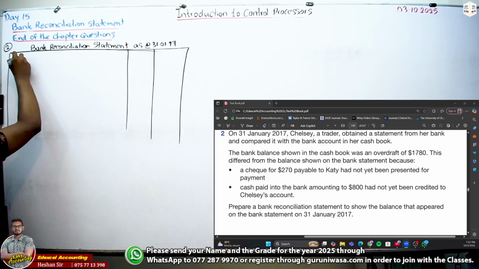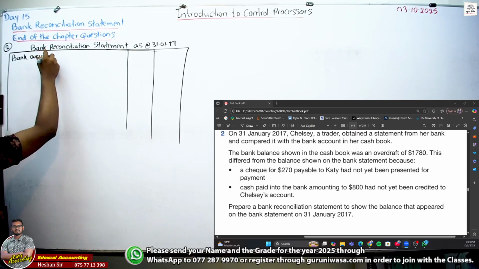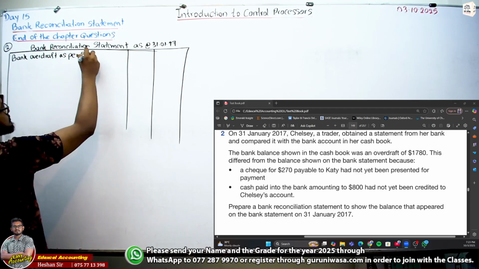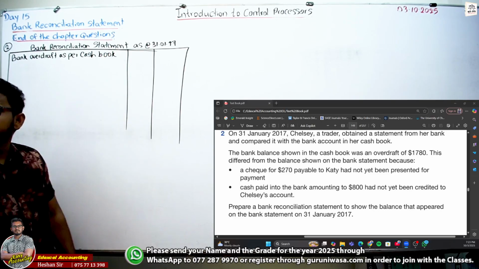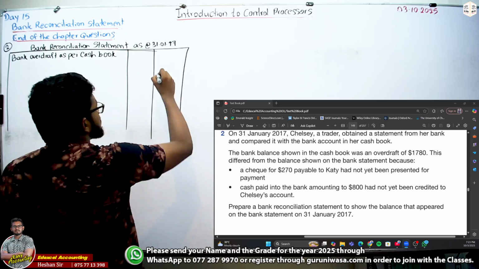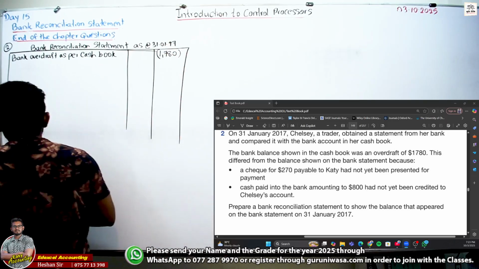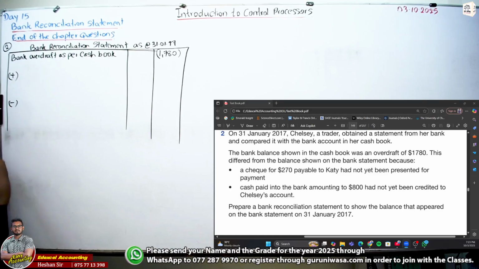Bank overdraft as per cash book. I told you if it is a bank overdraft, we write it as minus 1780. Then plus, minus. We don't know the other ones.